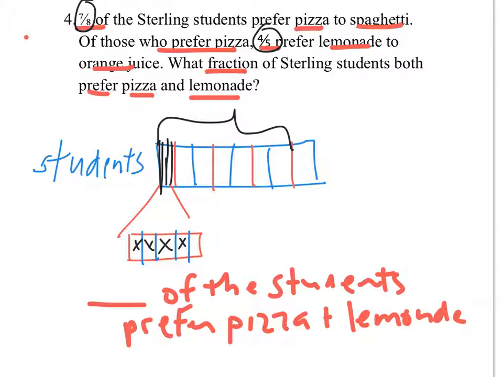So the question is, if I cut an eighth divided into 5 parts, what will it be? Okay, so each of these pieces here is a 40th.